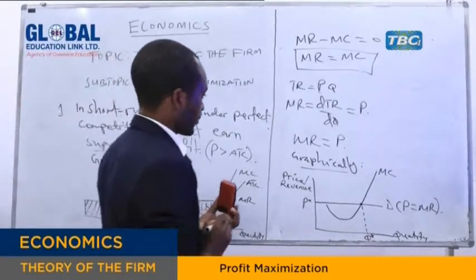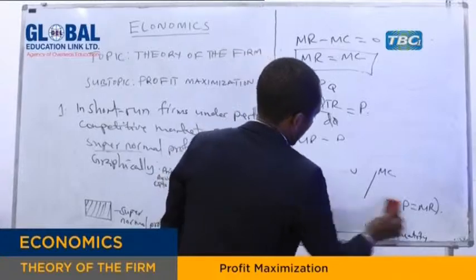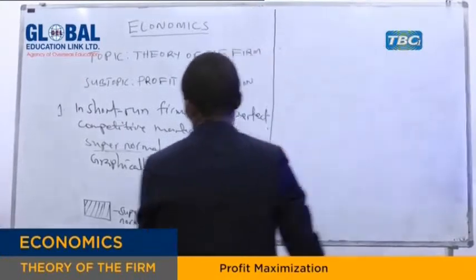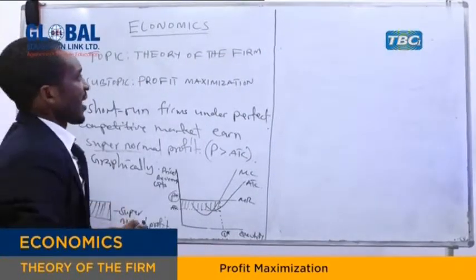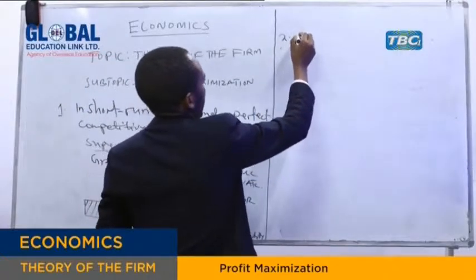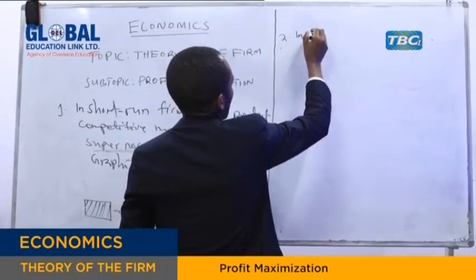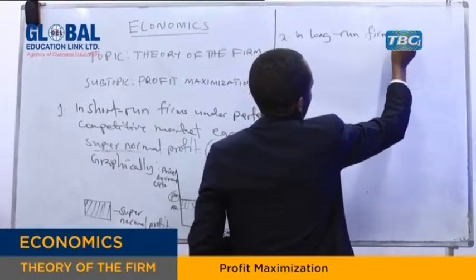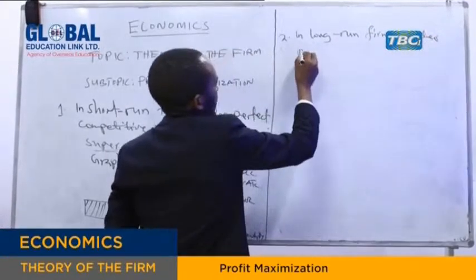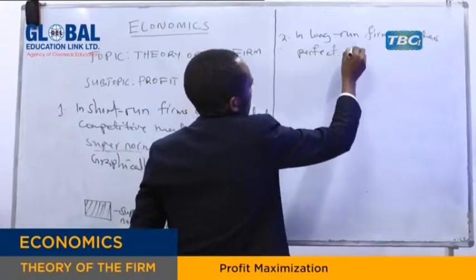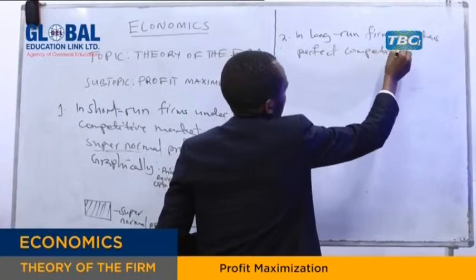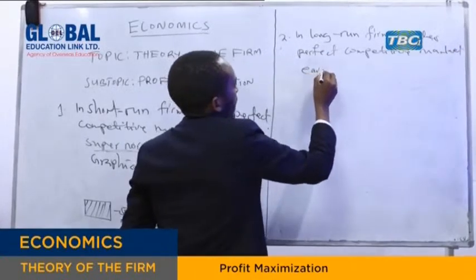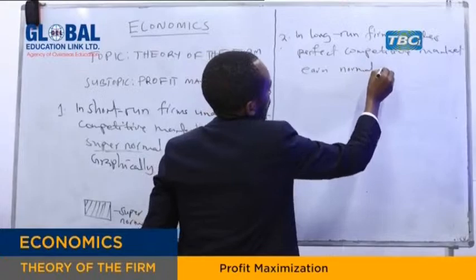Case 2, in the long run, firms under perfect competitive market earn normal profit.